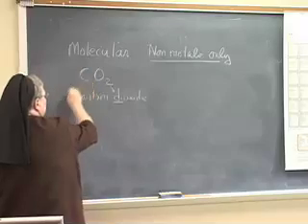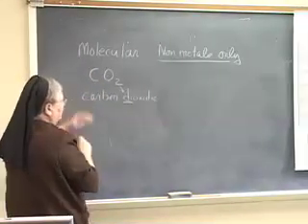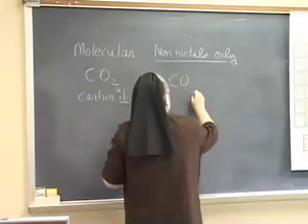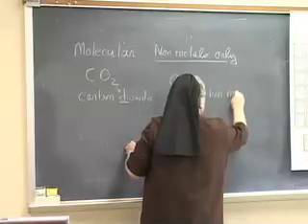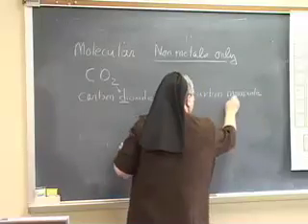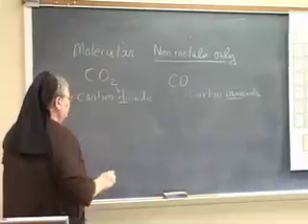If it's the first name, we might say mono, but for the first name we skip the word mono. Let me give you this one. So we need to know these prefixes, and these prefixes are pretty easy.